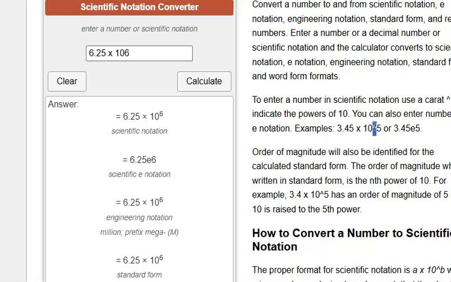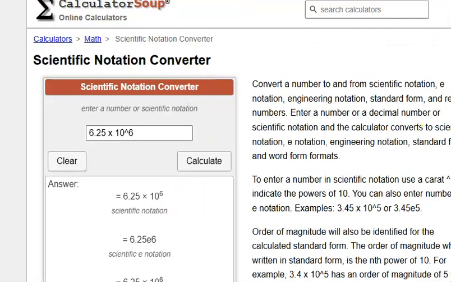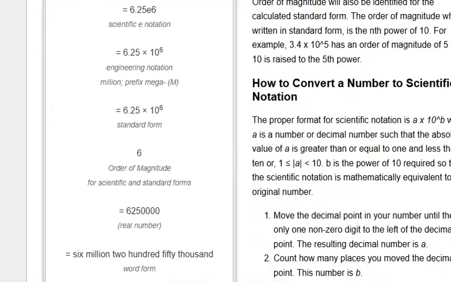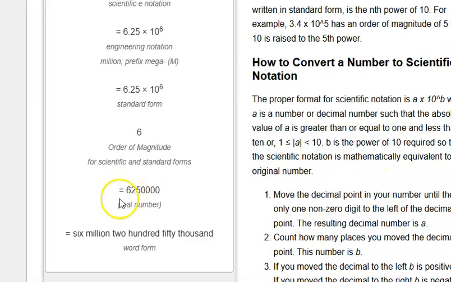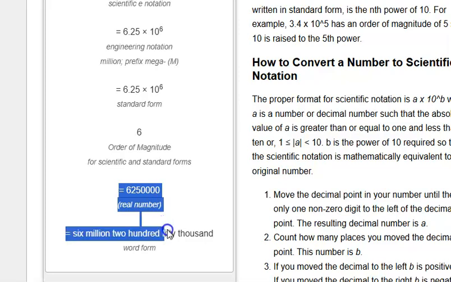Here, we're going to copy it, put it right there. There it is. So 6.25 raised to the power of 6. We're going to click calculate. There we go. And so it's telling us that the real number, see it here, is 6,250,000. So you see the standard notation.